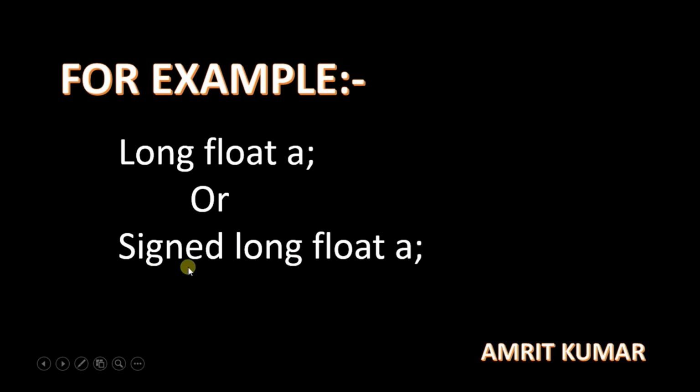And we have studied the signed modifier, which allows positive as well as negative numbers. So this variable can hold positive as well as negative float values. So this was all about the short and long modifiers used with the float.